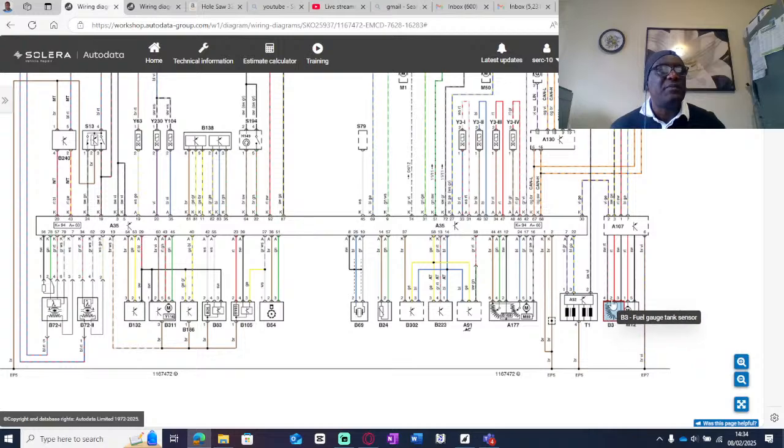Sometimes one thing that I like about Bosch is that it gives you symbols. It will show you plus, minus, and it will show you an arrow for a signal wire, whether it's going down or going up. So it's handy. What Bosch will not show you are the colors of these wires.